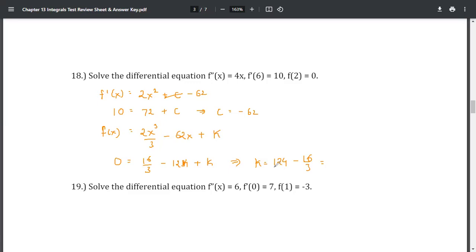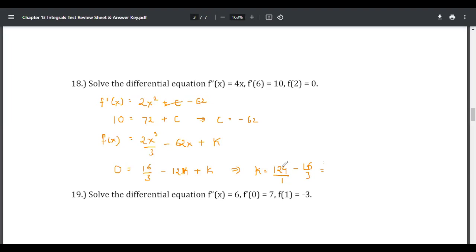So instead, could you make a common denominator of 3? What does 124 become? I multiply that by 3. Yes. Does that give you something like 372? Yep, and then you're subtracting 16.